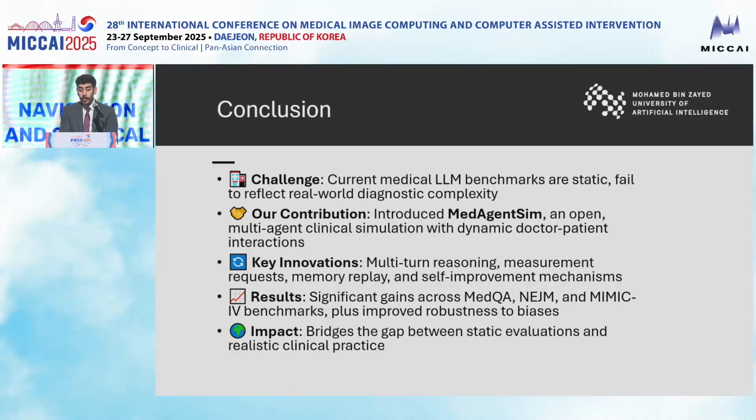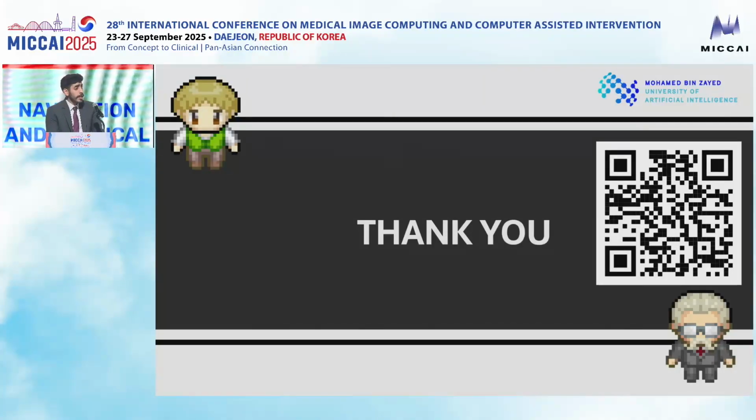This system supports multi-turn reasoning, active test requests, and self-improvement through memory and reflection. Across benchmarks like MedQA, NEJM, and MIMIC-IV, this approach delivers significant accuracy gains and also improves robustness to biases. In short, MedAgentSim moves beyond static question answering, bringing us closer to realistic, trustworthy, and clinically relevant medical simulations.